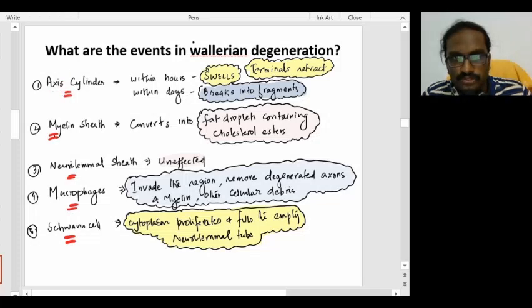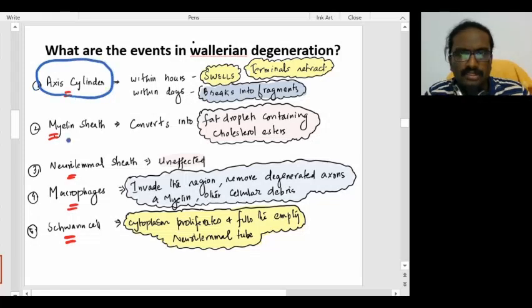But the question is, what is this axis cylinder? If you have an axon like this, see, this is the line along which the axon lies. That is what you call the axis cylinder. This is the axis of the axon.